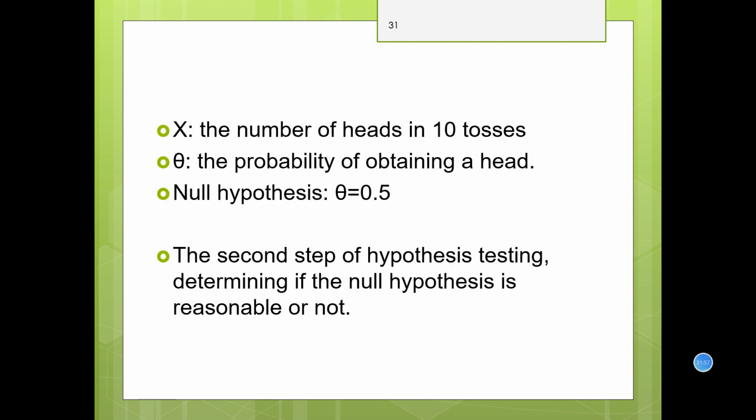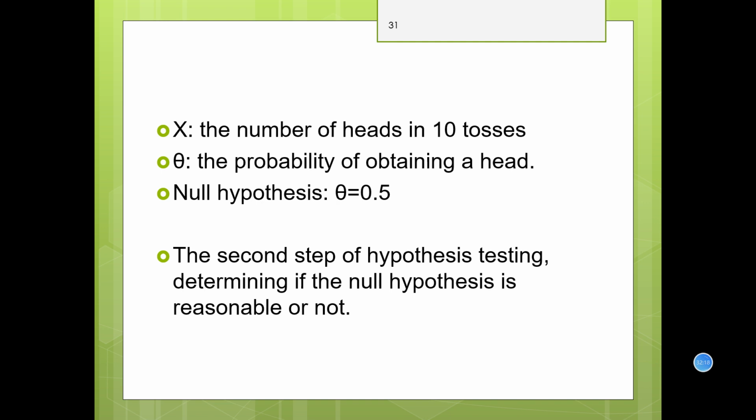So here, we let x be the number of heads in 10 tosses of the coin. We already know that a coin has two sides, head and tail.